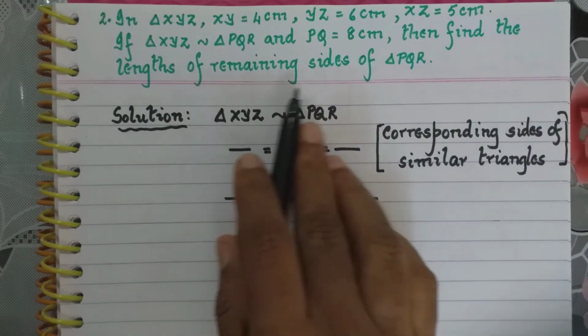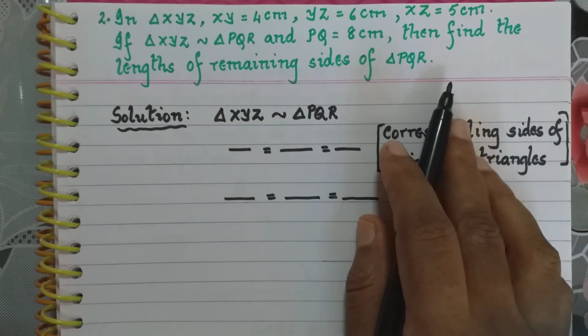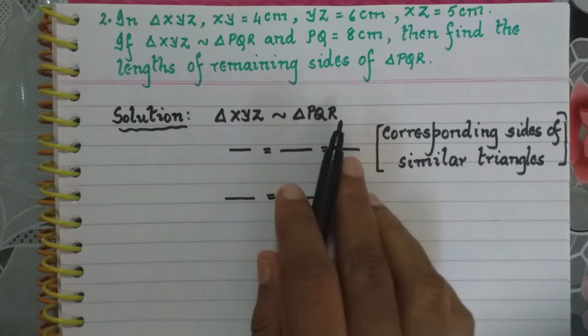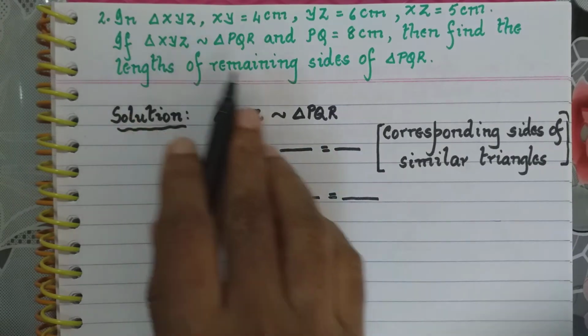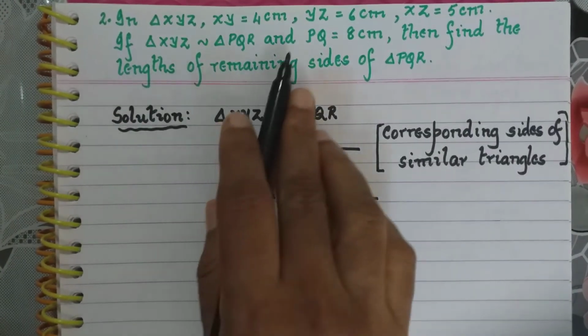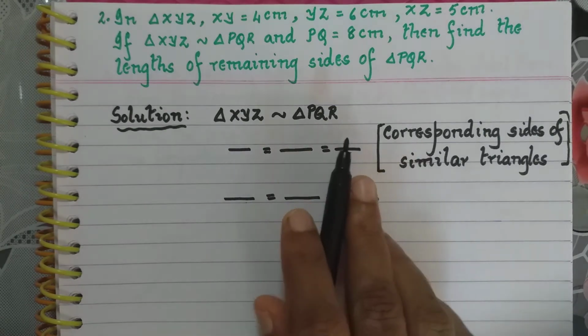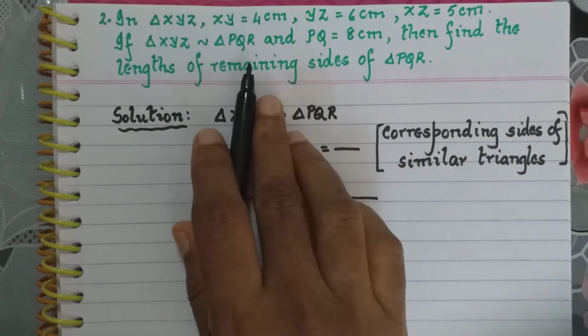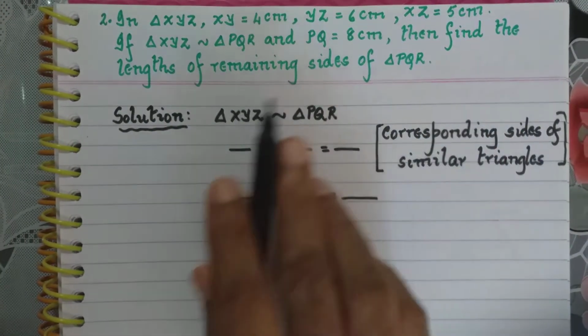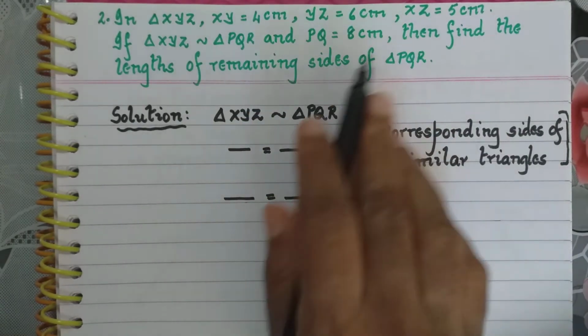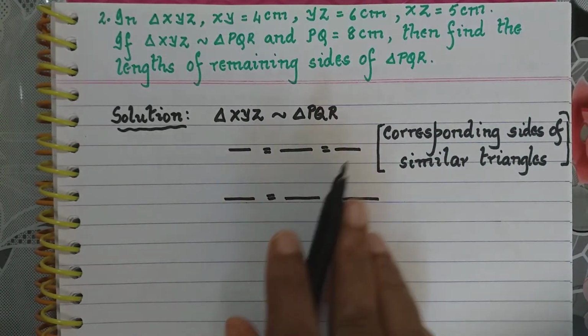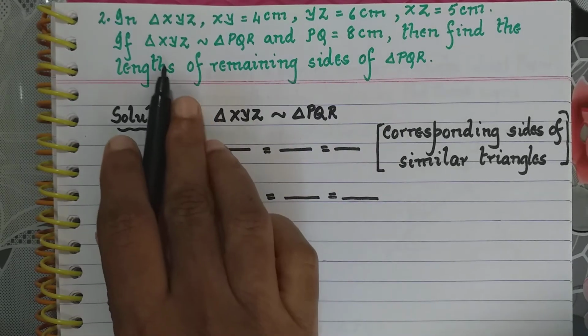Then find the lengths of the remaining sides of triangle PQR. So how to do? First they have given that triangle XYZ is similar to triangle PQR, that we write. Now we know the sides, right? Some of the sides they have given, no angles are given.